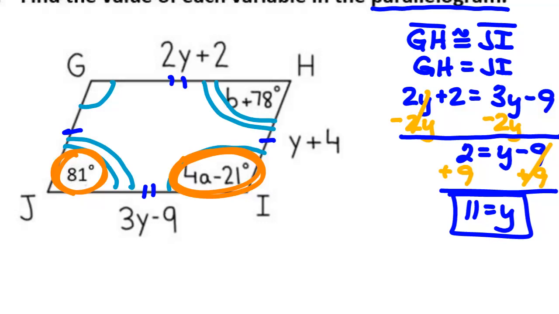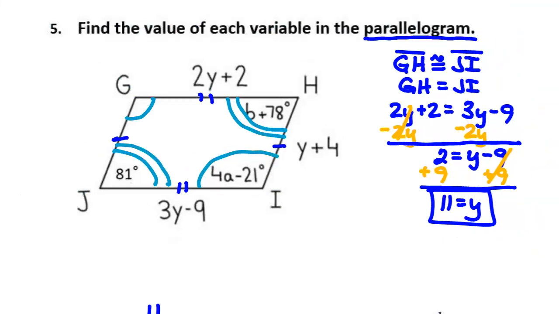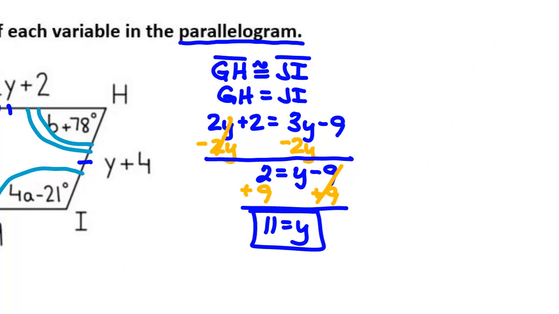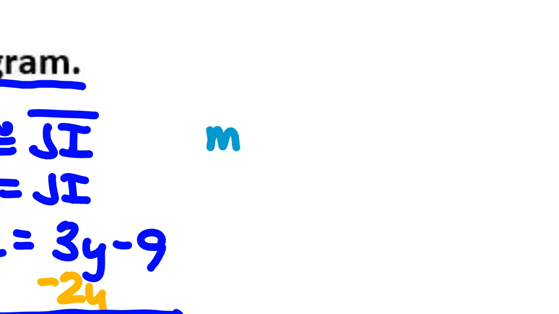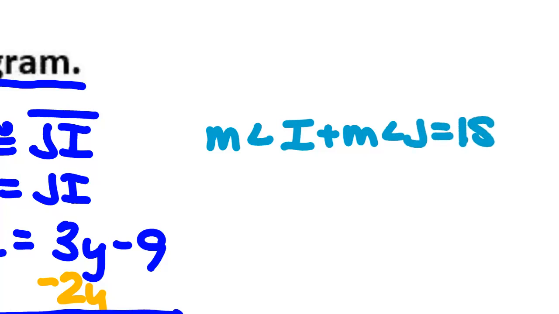They are consecutive angles, and so they are supplementary. So I can take 4A minus 21 plus 81 and set it equal to 180. The measurement of angle I plus the measurement of angle J is equal to 180 degrees.